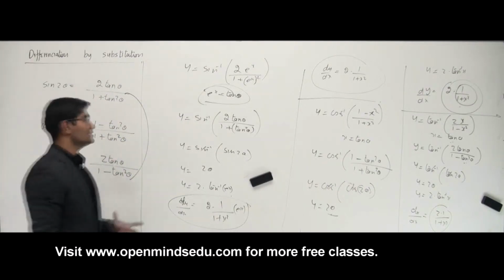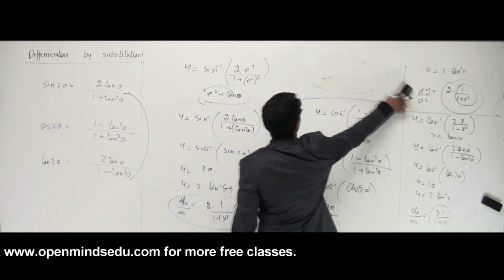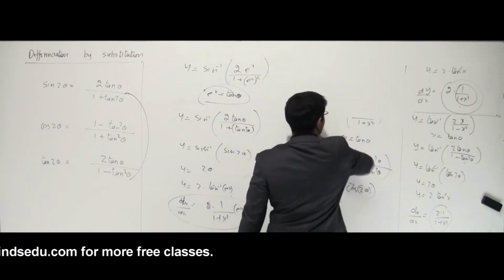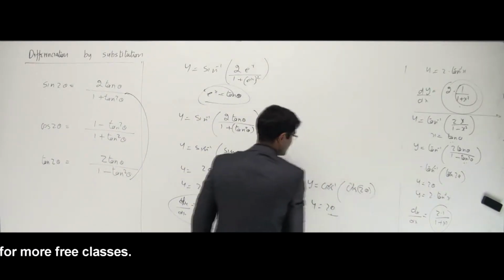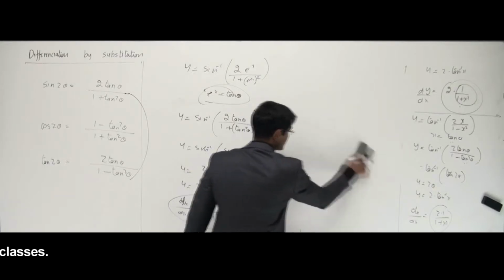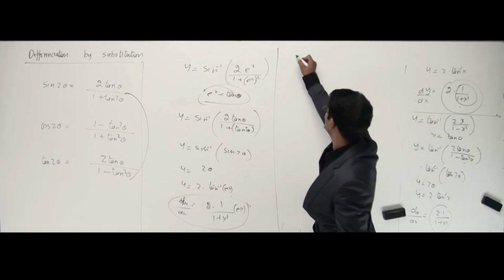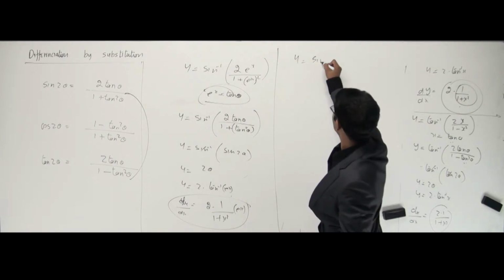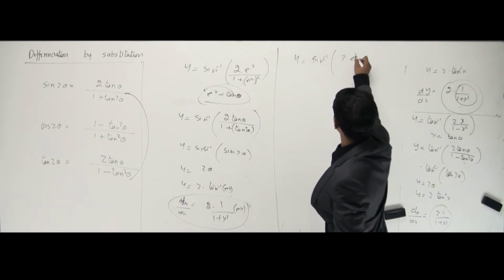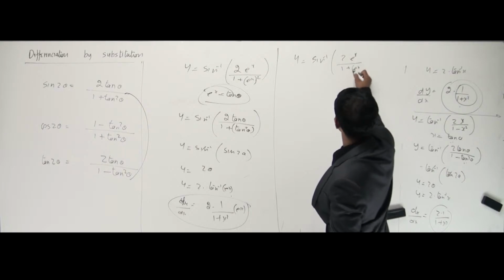We'll do that problem. So now, is there any shortcut which can be used to do this whole problem in 5 seconds or 10 seconds? Yes. If my question, I'll rewrite the same question. Y is equal to sine inverse of 2 into e power x by (1 plus e power x) the whole squared.